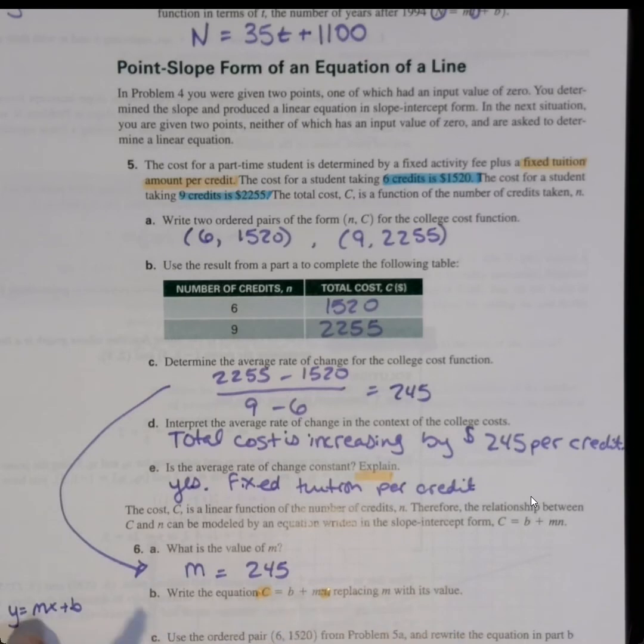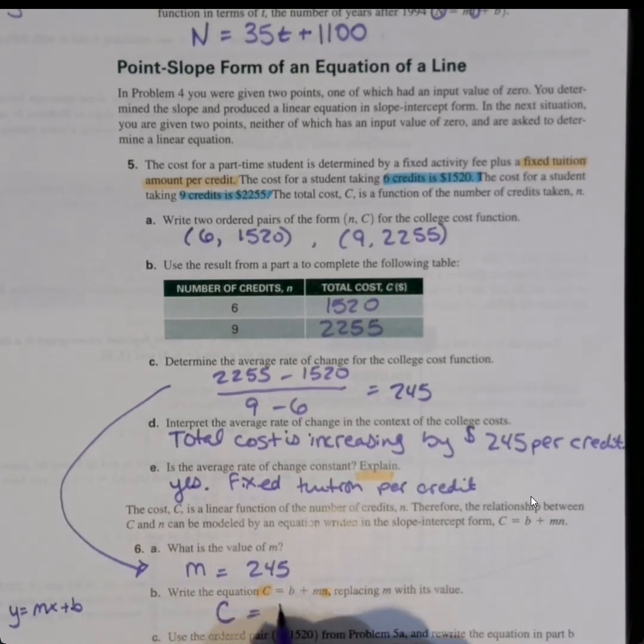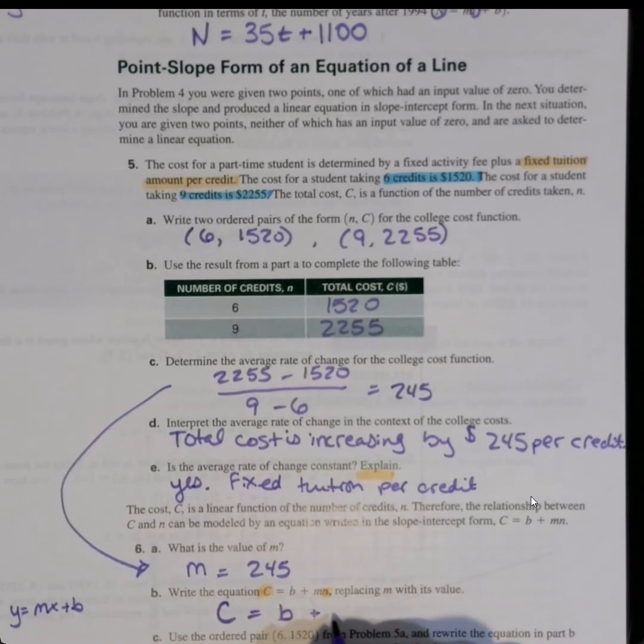Remember, it can be mx plus b or b plus mx. In this case, they have the mx separately. I don't know why it's on the other side. It doesn't really matter though. But I don't know what B is. So what they said is go ahead and just put M in for now. So C equals, I don't know B, plus M, which I have discovered is 245, times N.